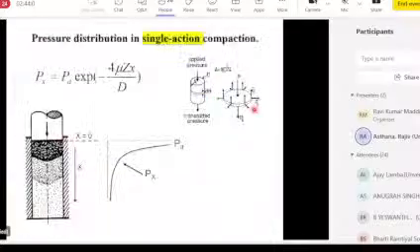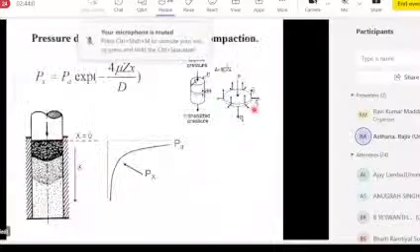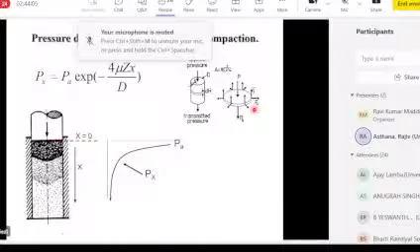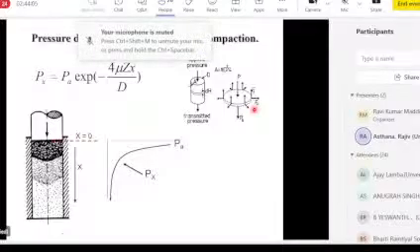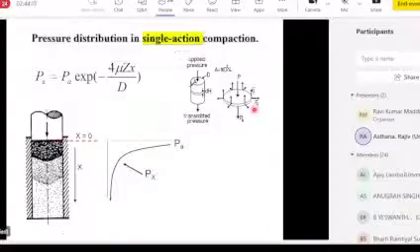So when you go through the force balance analysis, you get the pressure inside the powders at any distance from the punch. The punch has pressurized the powders, and this is the location x equals 0, and you're going inside the powders.